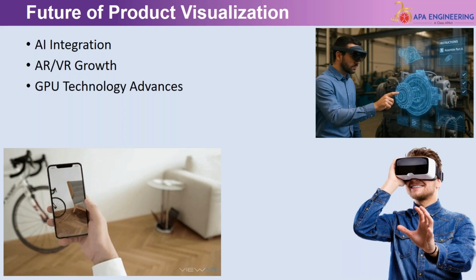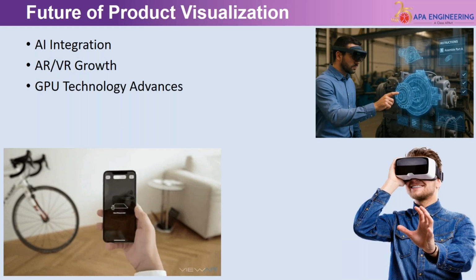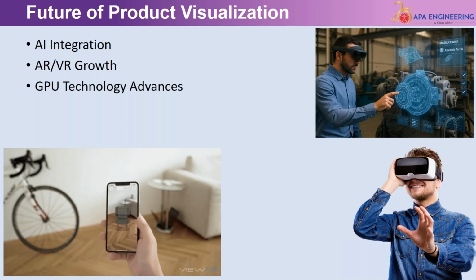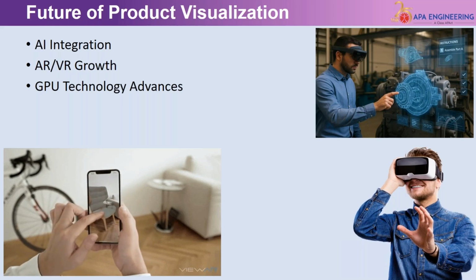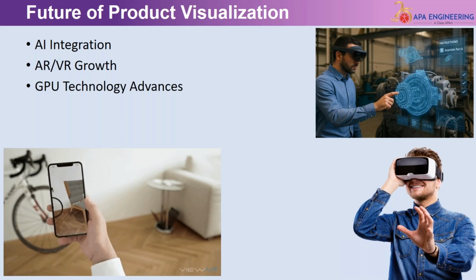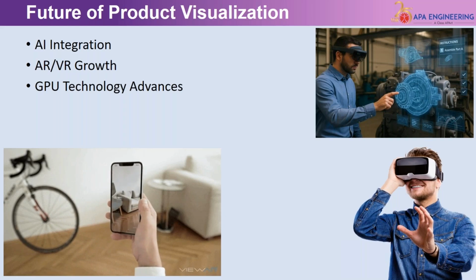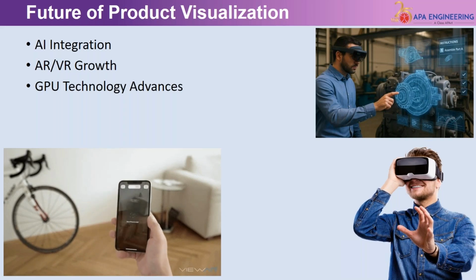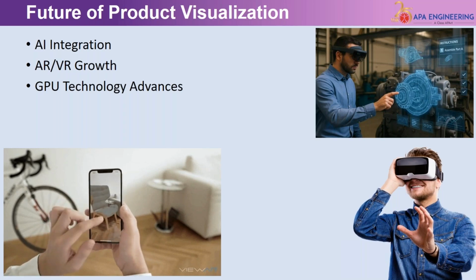AR and VR bring immersive product experiences for prototyping, collaborating, and customer engagement. And modern GPUs help power real-time ray tracing and AI accelerated rendering, making high-quality visuals faster and more interactive than ever. Together, these technologies are turning static visuals into a smart, immersive experience.